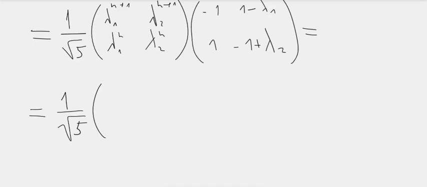Now let's multiply these two matrices, so it would be minus lambda 1 to the power n plus 1 plus lambda 2 to the power n plus 1.